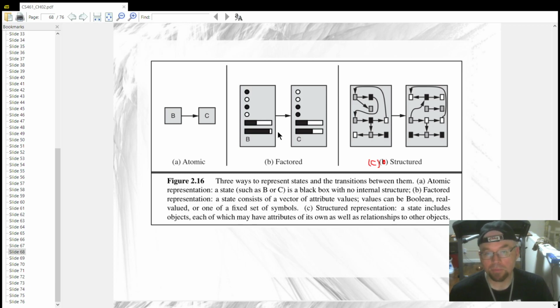Now a factored representation of an environment isn't just Boolean. Okay? It allows for a little bit more granularity than that, right? You might have several individual pieces of information that describe that environment that have to be represented. So imagine the tic-tac-toe board, right?